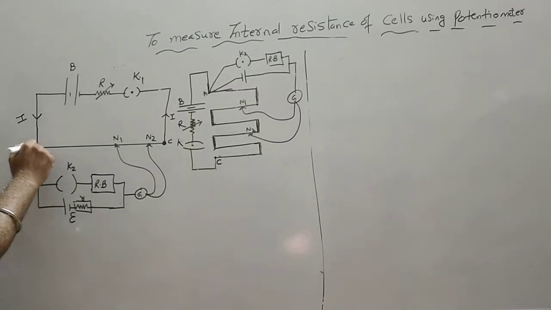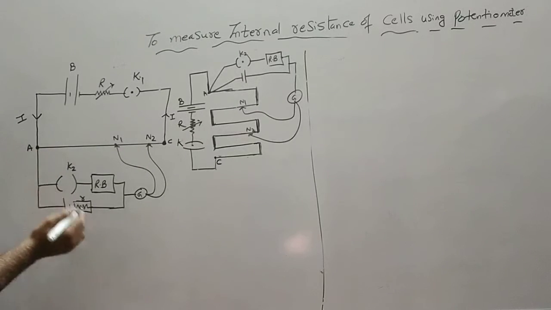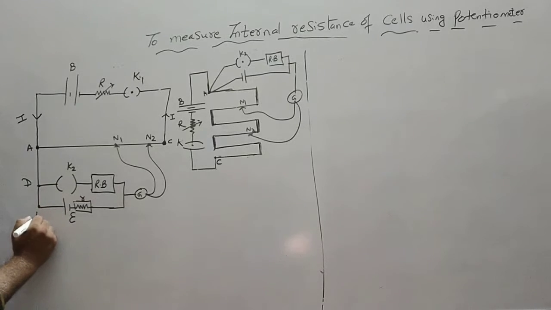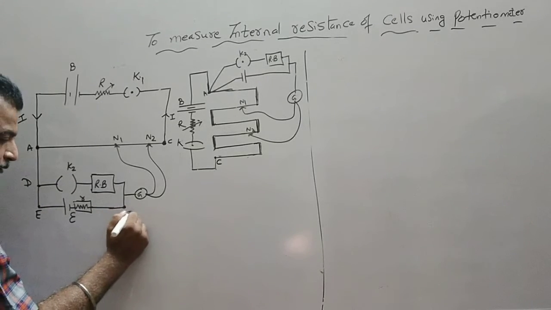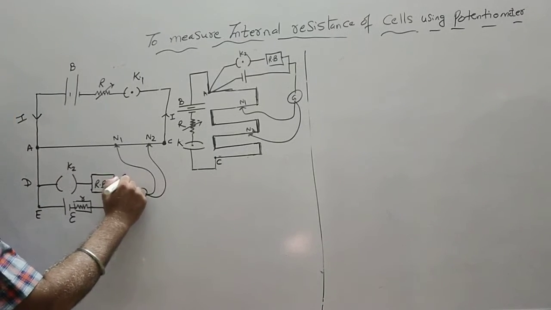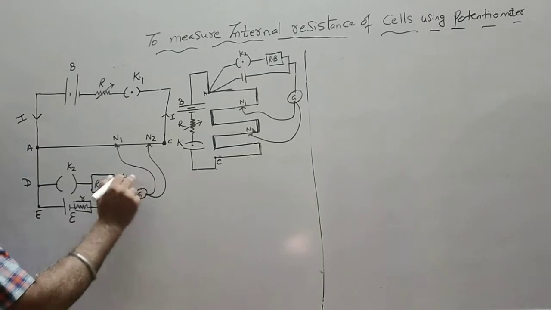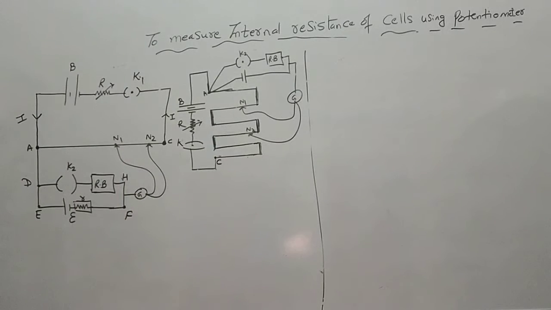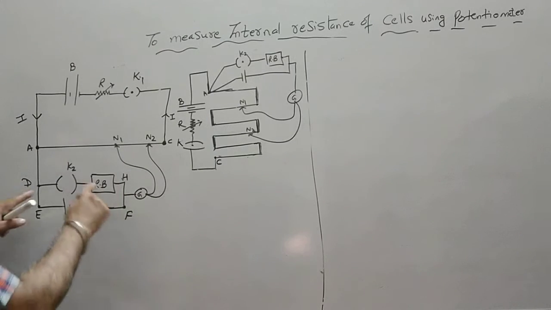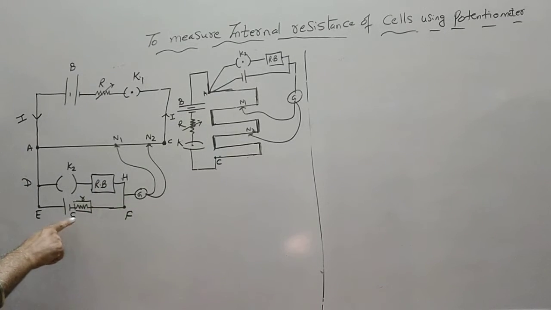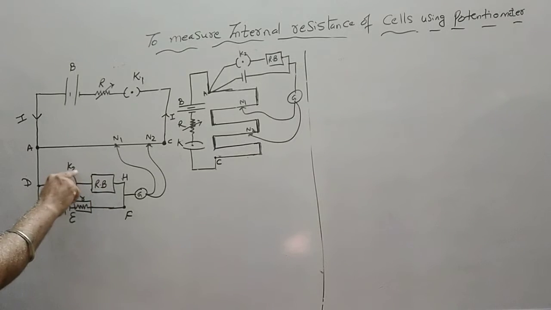Now at this junction we again have two parts. One is this loop. Let us name this loop D, E, F, and G is meant for the galvanometer, let us name this H. So one loop or one arrangement is done where we have a cell whose internal resistance has to be measured, the resistance box, and a key K2.